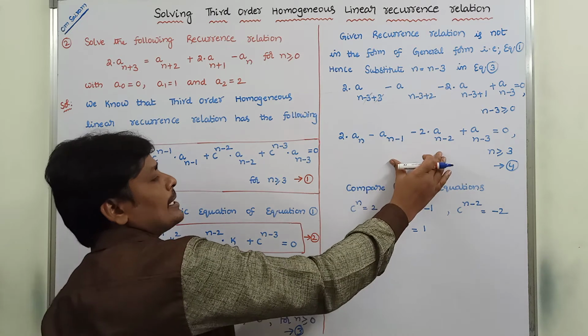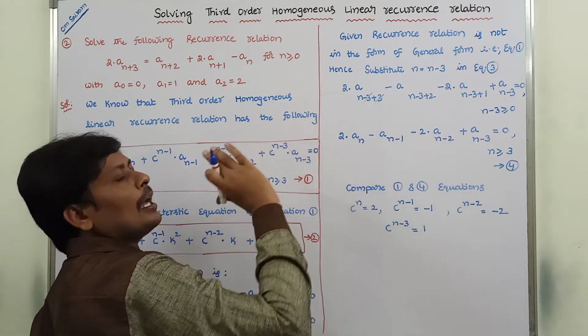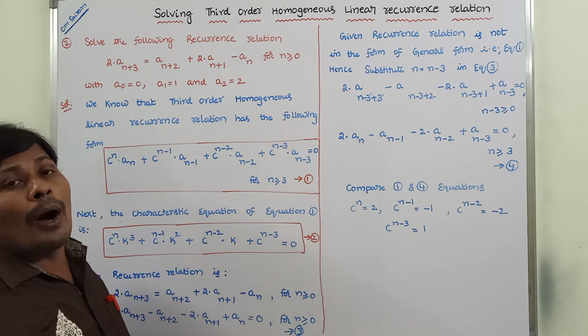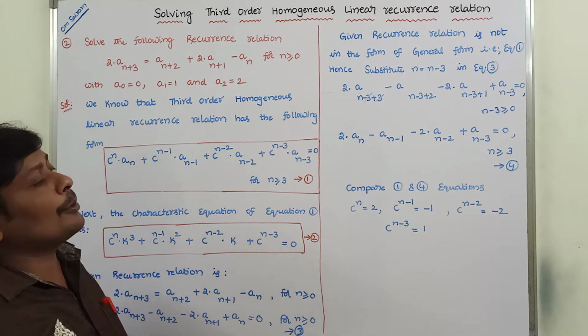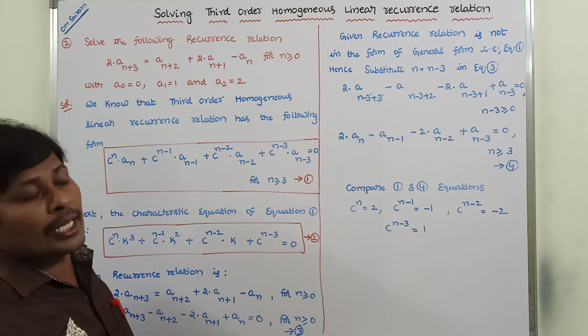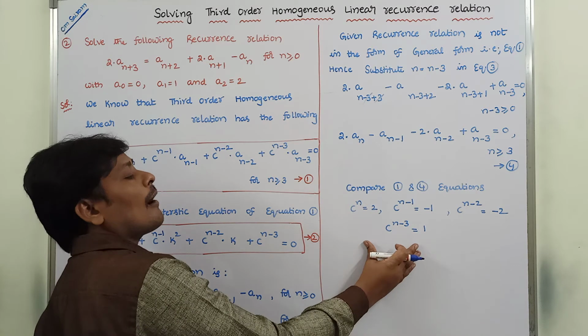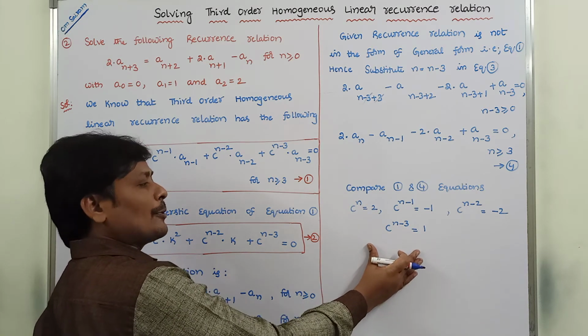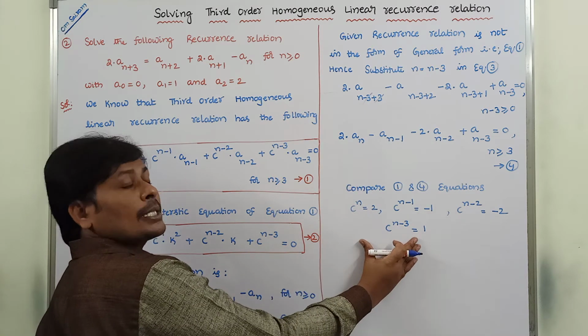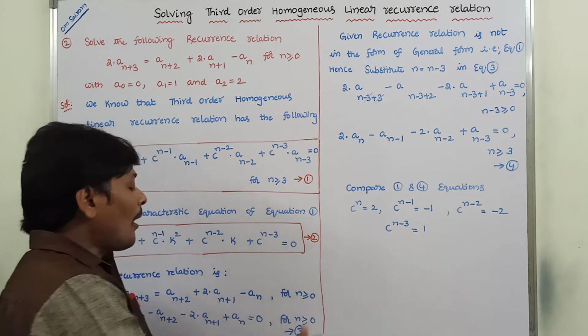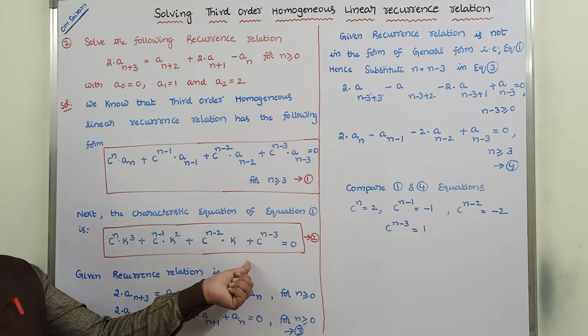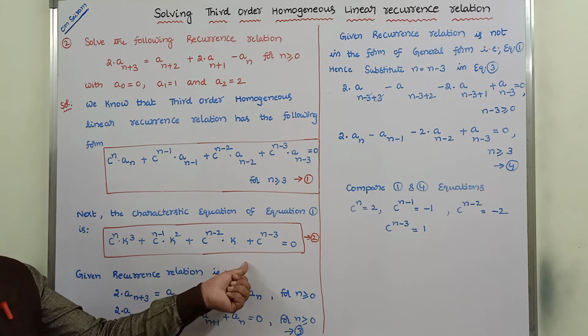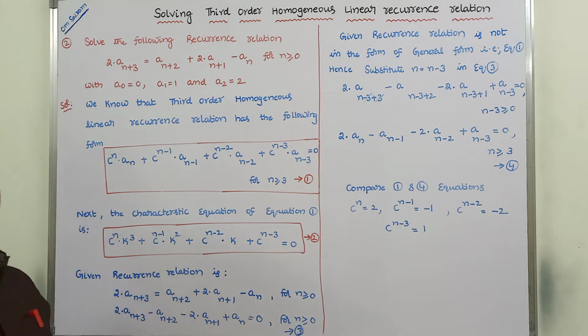So this recurrence relation is compared with the general form of the third order linear homogeneous recurrence relation. Then we are getting these constant coefficient values. Now these constant coefficient values are substituted in equation 2 for getting the characteristic equation of the given recurrence relation.